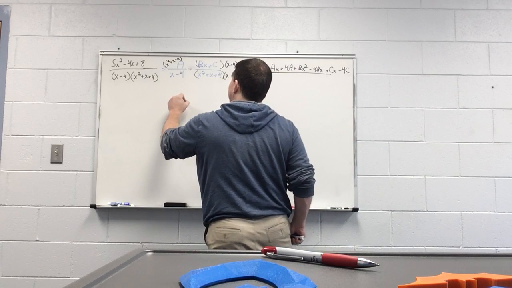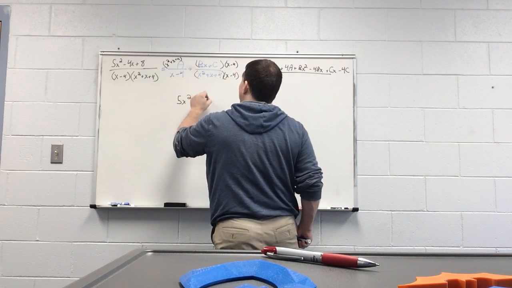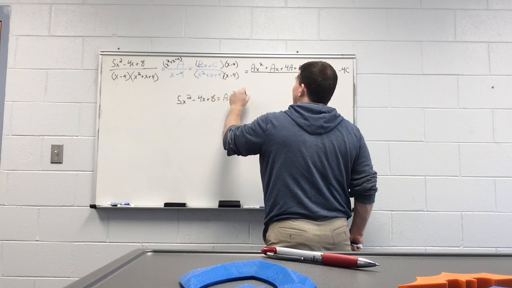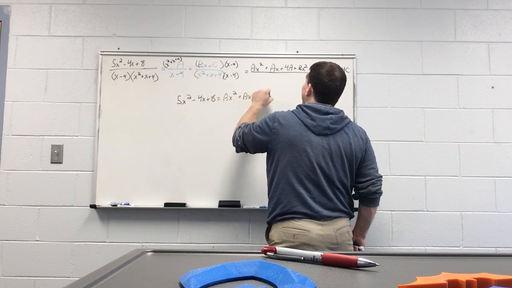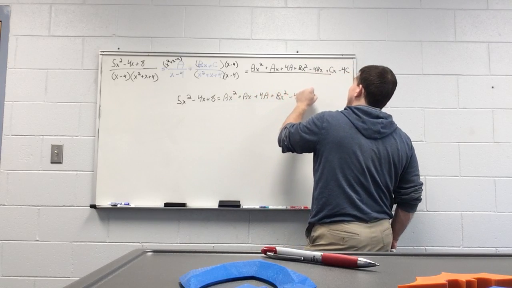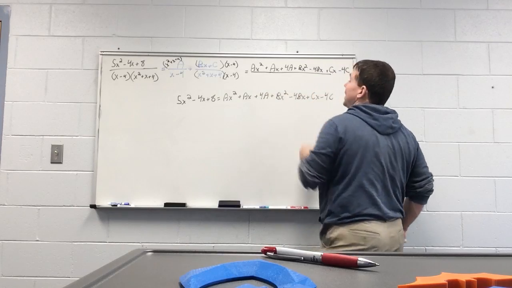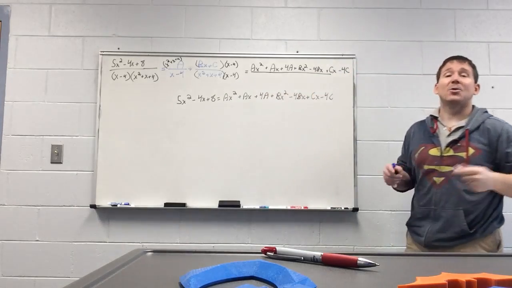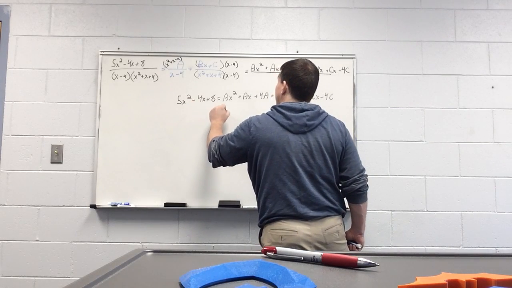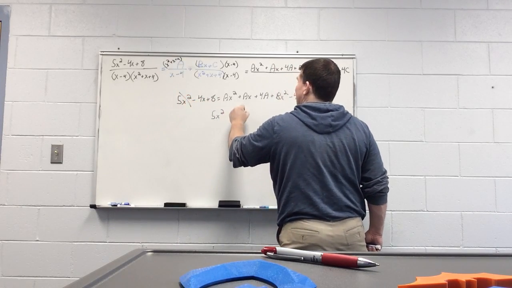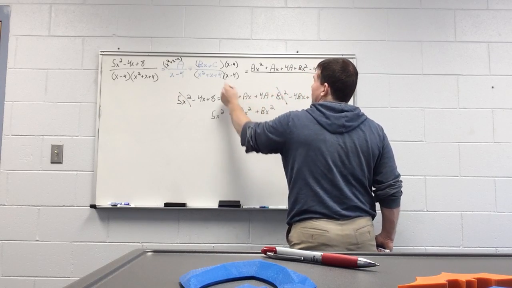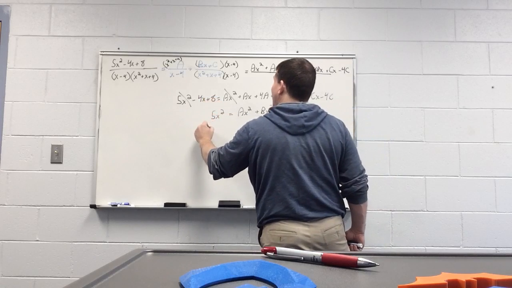So I get, on the left, 5x squared minus 4x plus 8 equals, on the right, ax squared plus ax plus 4a plus bx squared minus 4bx plus cx minus 4c. And now I just equate the terms with the same powers. 5x squared equals ax squared plus bx squared. Those are done. Now I do the linear terms.